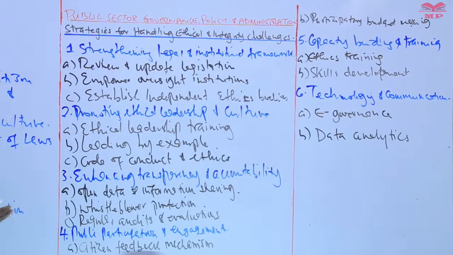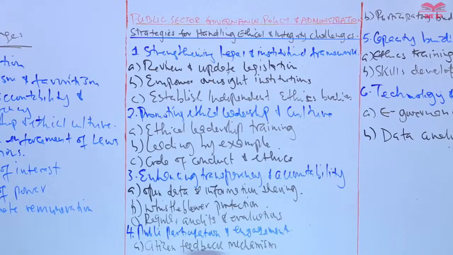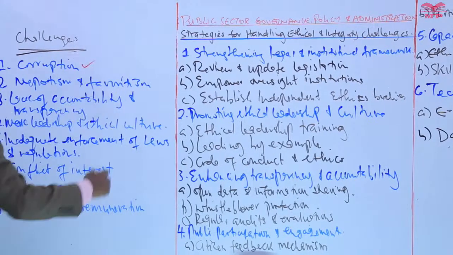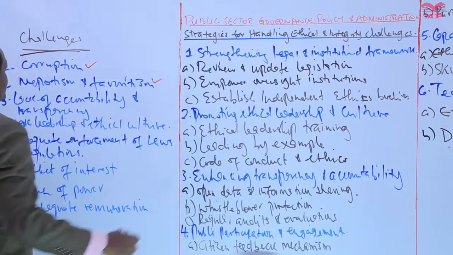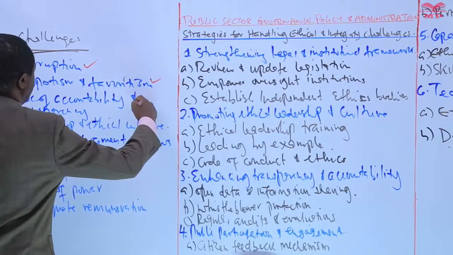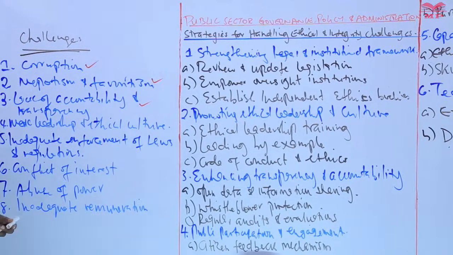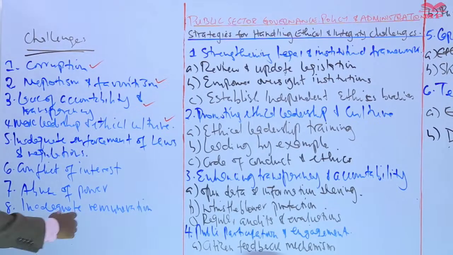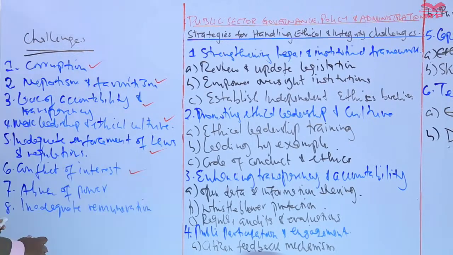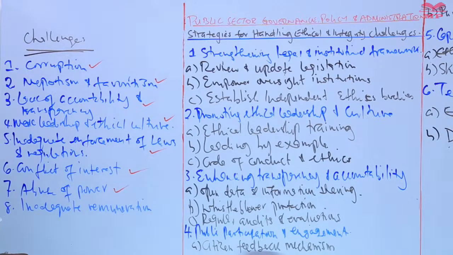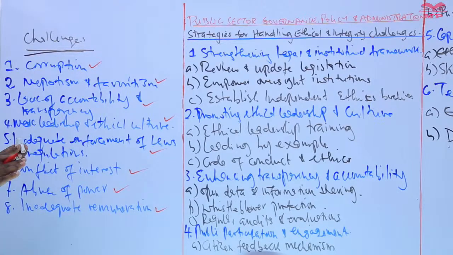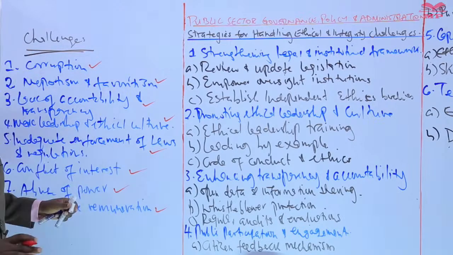We first of all identified the challenges, and one of the major challenges we talked about is corruption, nepotism and favoritism, lack of transparency and accountability, weak leadership and ethical culture, inadequate enforcement of laws and regulations, conflict of interest, abuse of power, inadequate remuneration. These are some of the ethical and integrity challenges in the public sector.